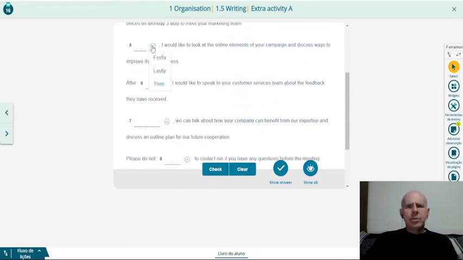Firstly, I would like to look at the online elements. Lastly, I would like to look at the online elements, or then I would like to look at the online elements. Well, it isn't lastly, right? Because you have lots of things to say. So it could be then, but nothing happened. So you're starting now, so you use firstly: online elements of your campaign and discuss ways to improve its effectiveness.